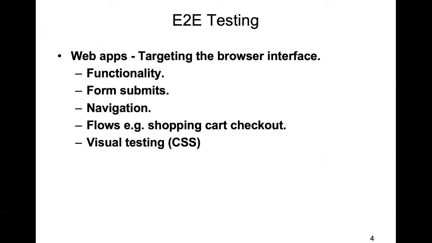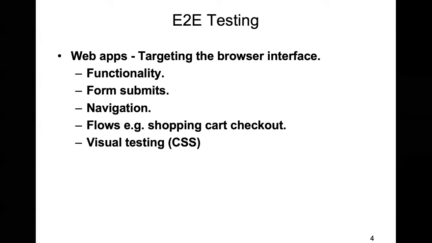So from here on in, I'm going to use E2E testing, because we are going to be doing system testing in the context of web apps, because of the web app dev 2 module that's running in parallel. And when you're doing system testing for web apps, the term end-to-end testing is always used.